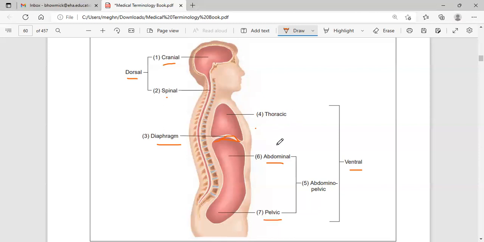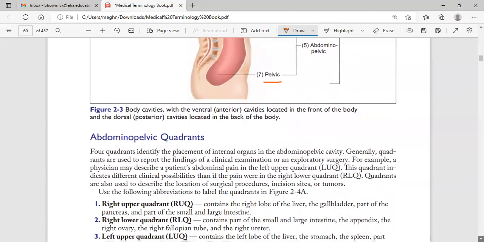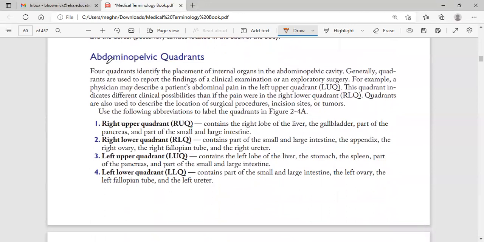And thoracic, abdominal, pelvic all together we call ventral. Next here, abdominopelvic quadrants. For quadrants, we identify the placement of internal organs in the abdominopelvic cavity.